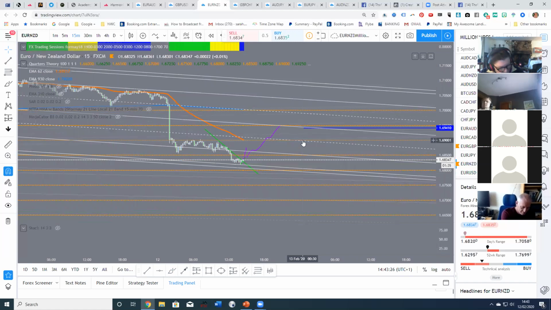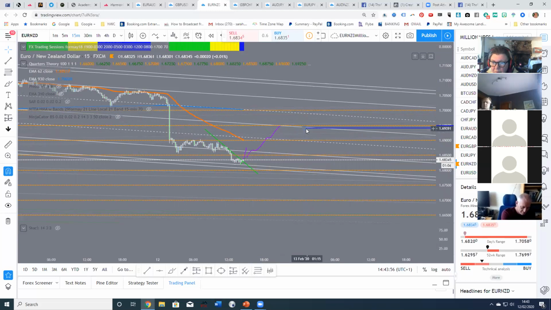Take profit 1 could be at that first quarter level and pitchfork here, which would be 1.69000. Sorry, that's take profit 1. Take profit 2 is 1.69695, the next quarter theory pitchfork level round about there.